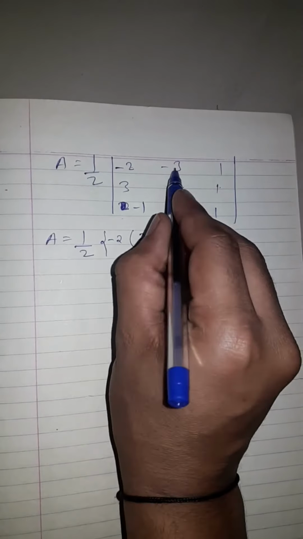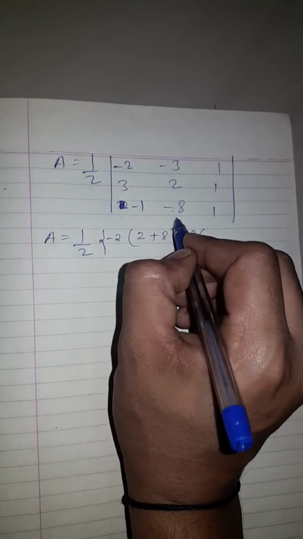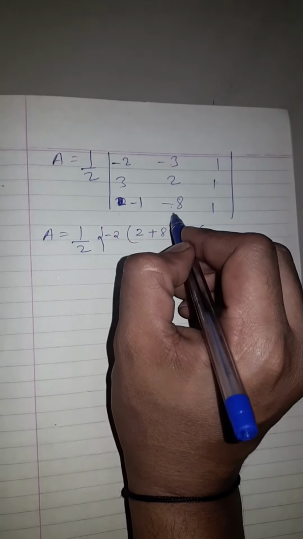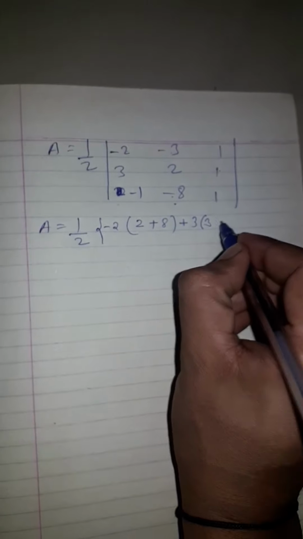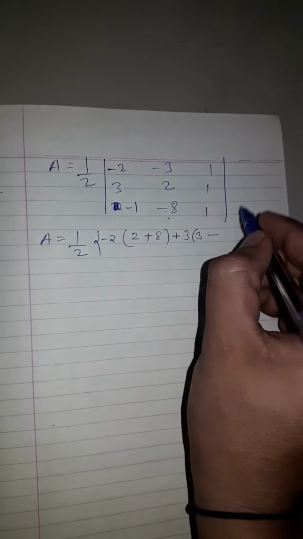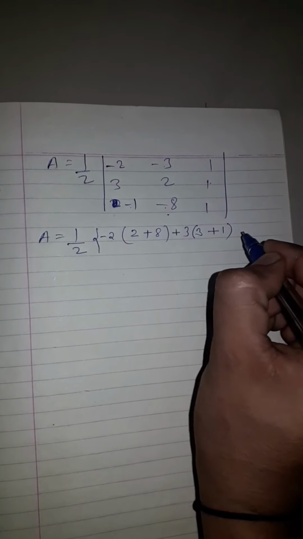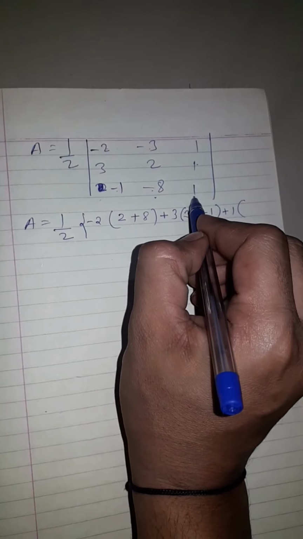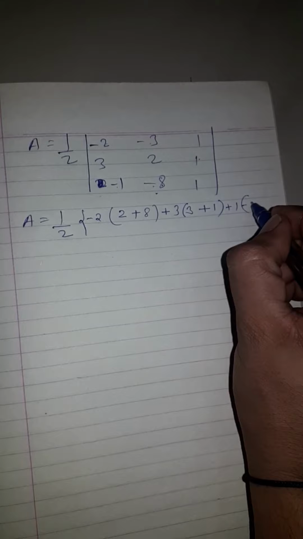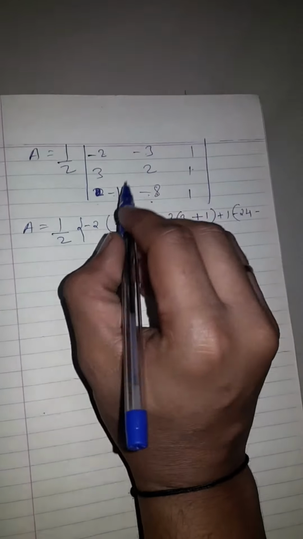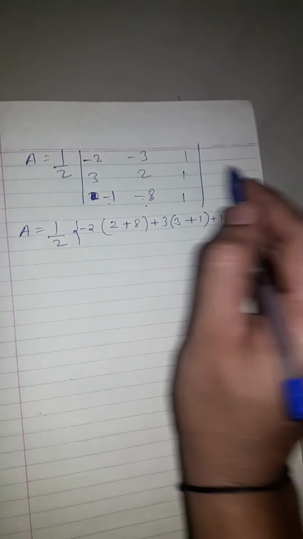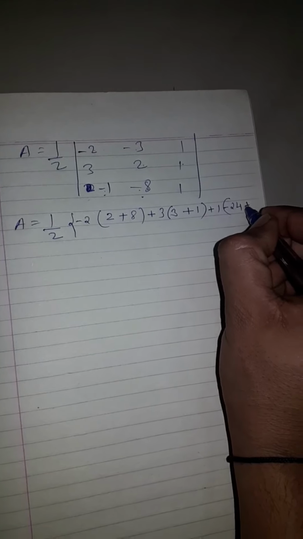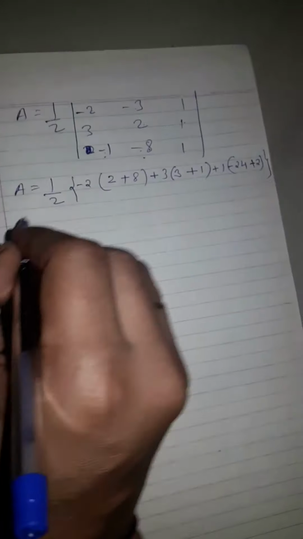into -3 is present in first row, second column, leave this, 1 into 3 is 3 minus -1 into 1 is -1, so minus into minus is +1. Then +1 into leaving the first row, third column, -8 into 3 is -24 minus -1 into 2 is -2, but having minus sign, +2.